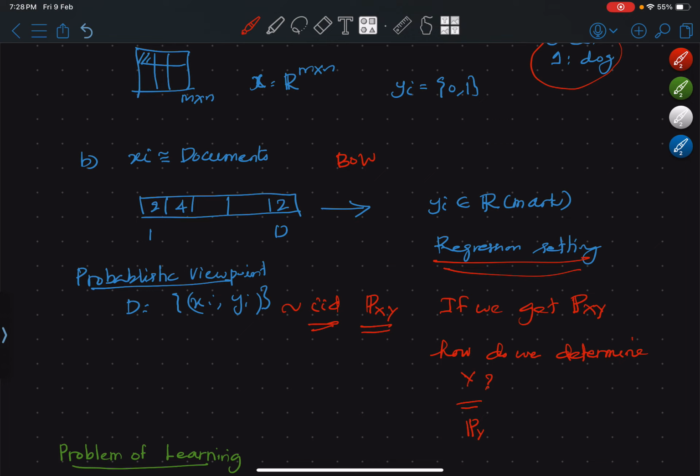Now we discuss the probabilistic viewpoint of machine learning. Every data point, formulated as an ordered pair xi comma yi, is treated as a point sampled IID from an underlying joint distribution Pxy.